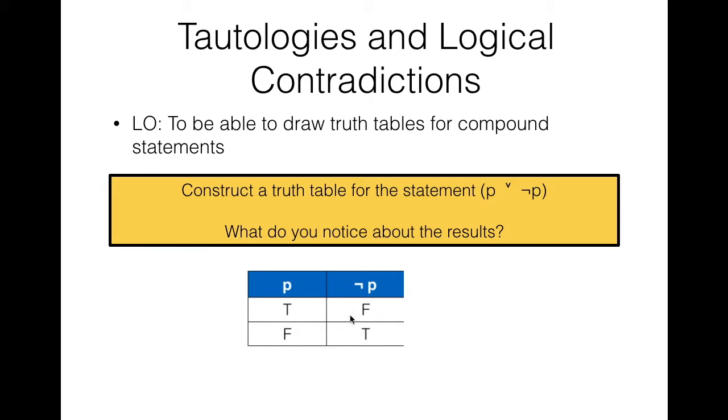And in the bottom one, not P is true, so this inclusive disjunction must also be true. So in this case, you have true and true as your answer. It's different to other truth tables because we haven't got Q involved, so we haven't got those four options like we had before. And it's also different because all of the answers are true. If all of the answers to a truth table are true, it's what we call a tautology.